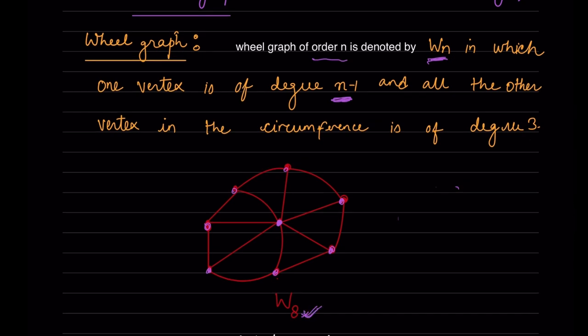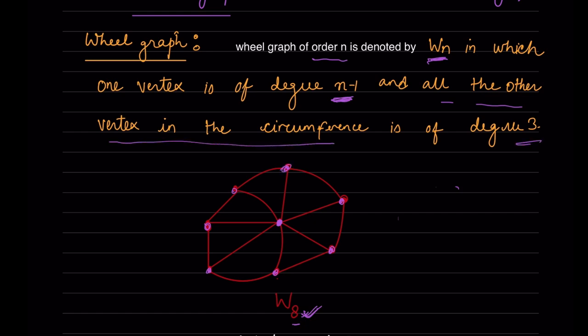So we will see this example. W8 means we have 8 vertices. So one vertex will be of degree n minus 1, meaning that vertex will have degree 7, because we are taking 8 vertices here.